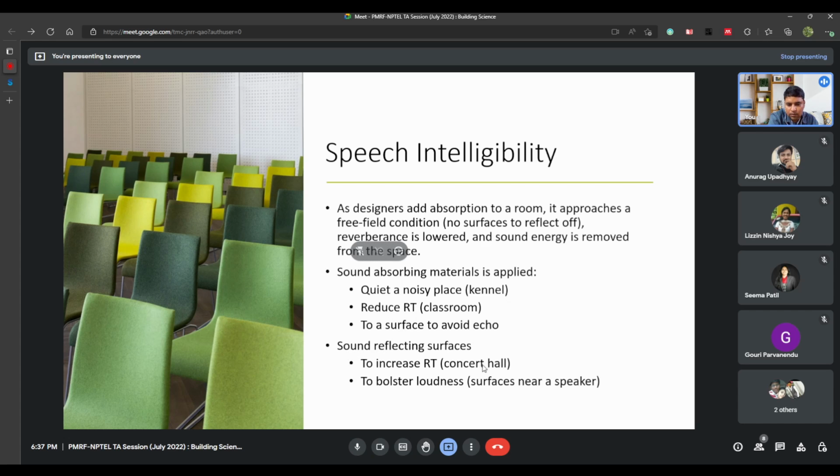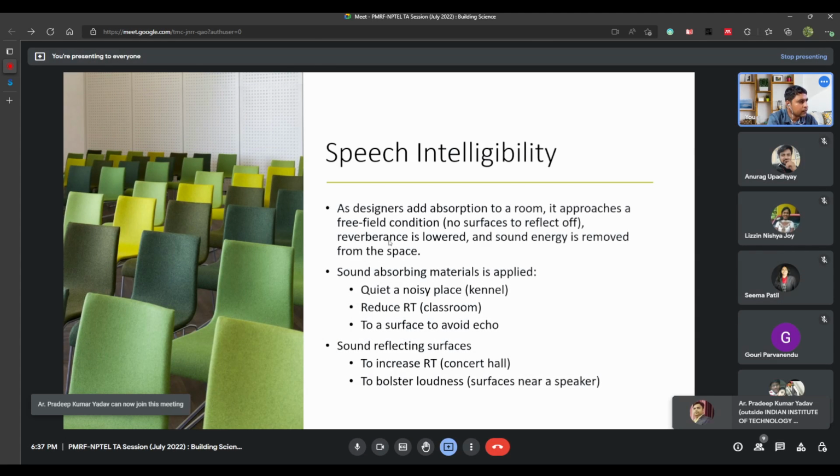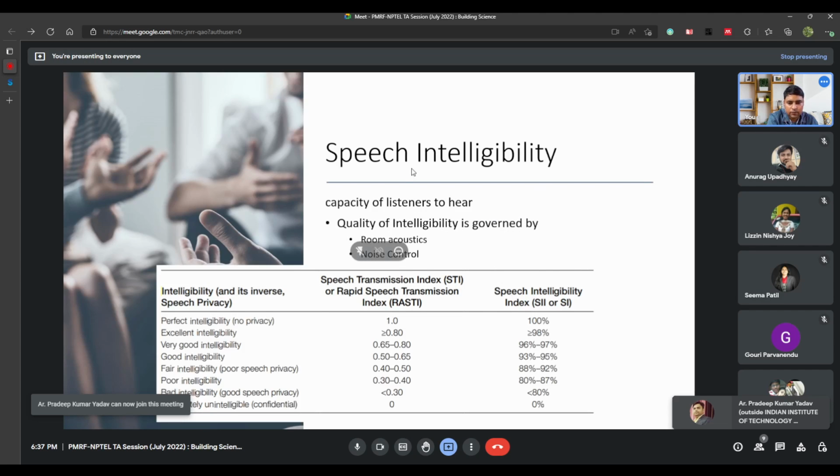And sound reflecting surfaces are used in spaces where we have mostly music-related things happening, where you want to bolster the loudness or accentuate the music's duration. It helps in receiving the music in a good manner.